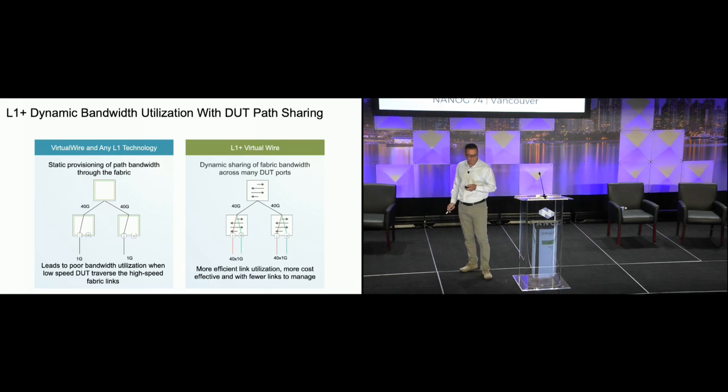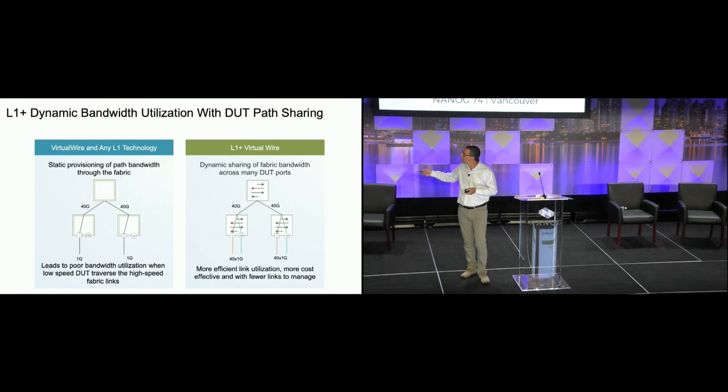Another important point here is bandwidth efficiency. This is actually another massive difference, right? Imagine you're building a fabric like this with a traditional layer 1 switching technology. You want to connect 2 DOTs. The uplinks are 40 gig in between because you may also have 40 gig devices. Well, in this case, because you need to carve out a circuit end-to-end, you're burning a full 40 gig path to transport 1 gig.